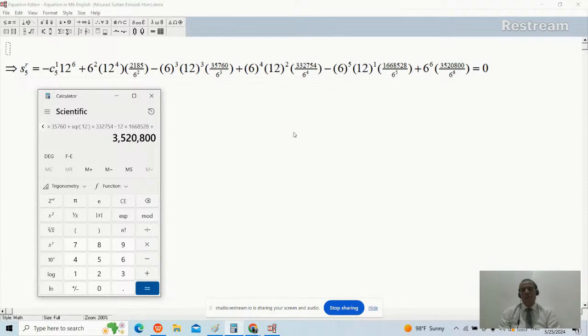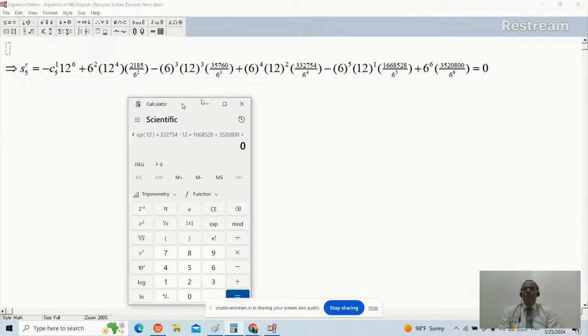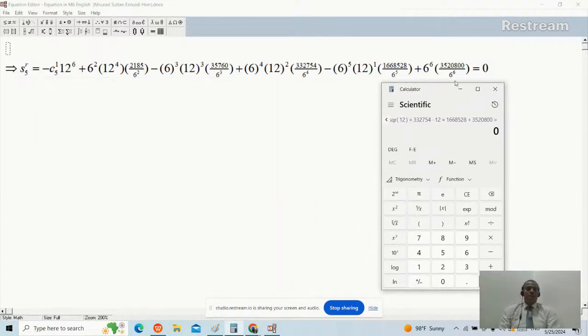This one, learners, I can just check, it should be equal to 0. And now the value of S5 is found. Now I finished this part.